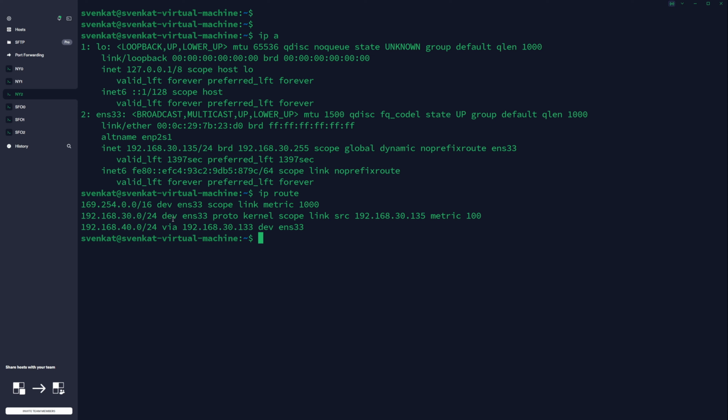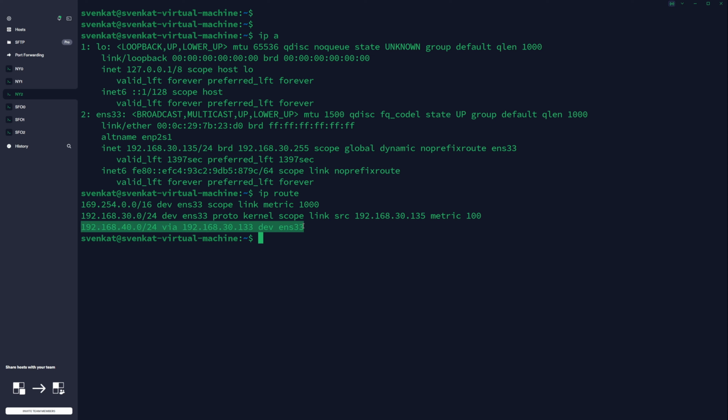The route rule says the 192.168.40 network is reached through 192.168.30.133. So what exactly is this 133? It is another computer on the New York network, and it is called the New York Gateway. This is the computer that has two network interfaces on it, one connected locally to the New York side, and the other connected to Chicago, or connected to San Francisco via Chicago. So what does this rule mean?